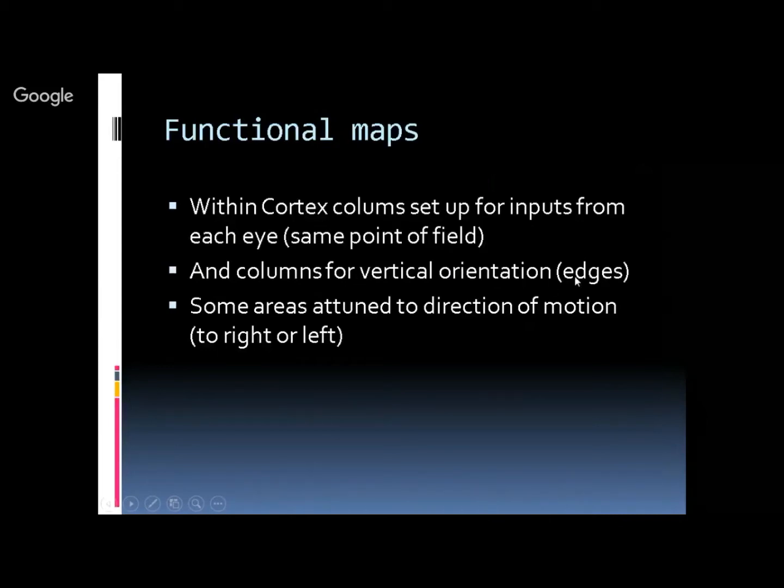So if you're looking at an image and there's a stimulus or a line in the image, that will be picked up by the columns that are parallel in the visual cortex. And some areas are tuned to direction of motion, to the right or to the left. As you sweep across columns, the interconnection of these cortical structures probably gives you the clues that there's some direction of motion.